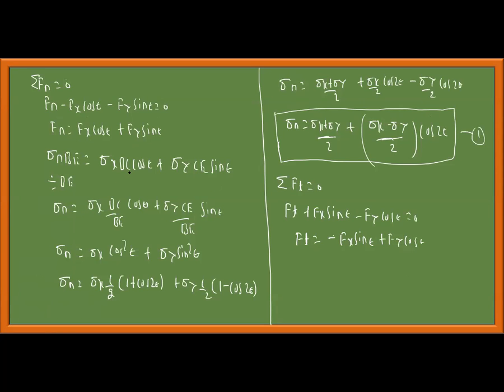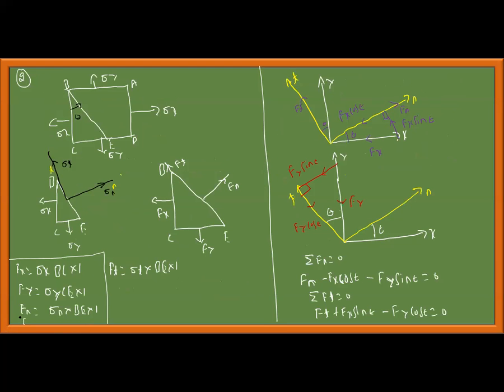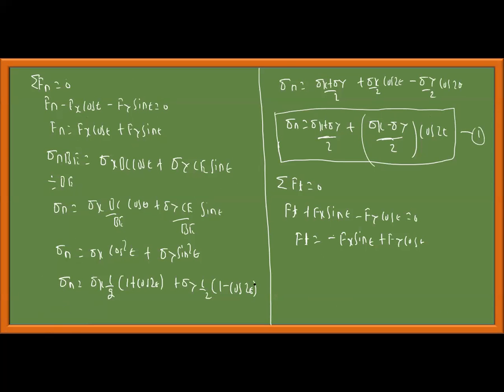F_t is equal to sigma_t into b, which is equal to minus F_x, which is sigma_x into bc, sin theta, plus F_y, sigma_y into ce, cos theta, right?